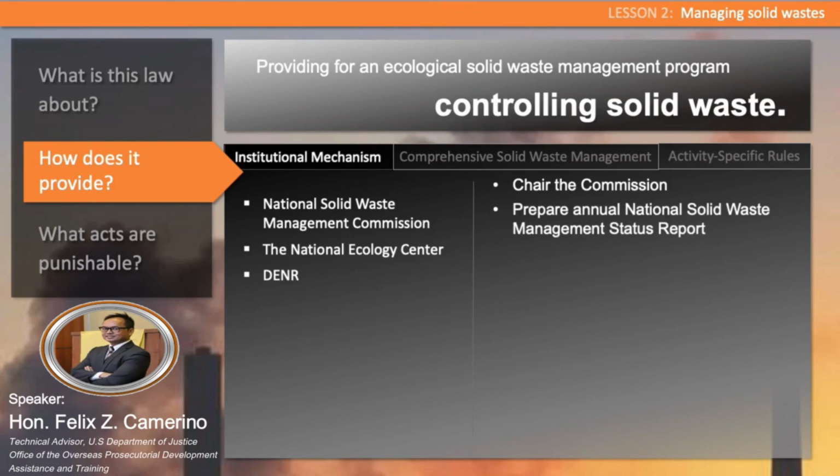the annual National Solid Waste Management Status Report. This is almost identical to the activity done for clean air or clean water.